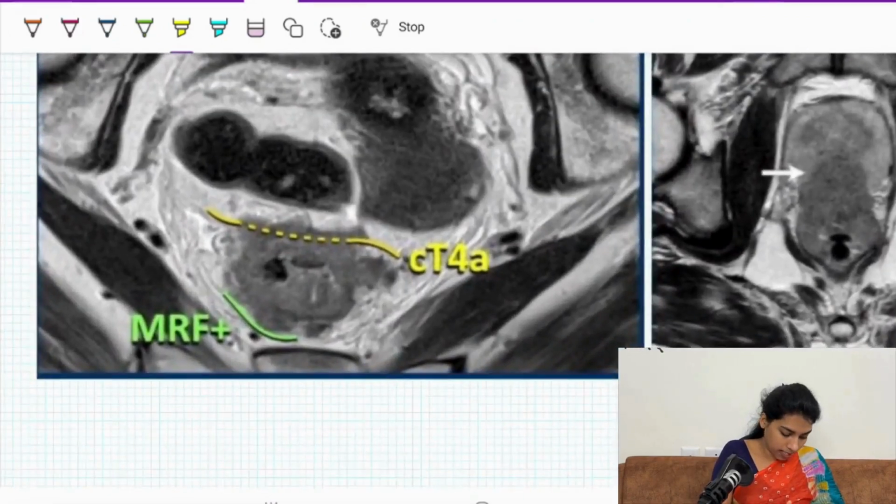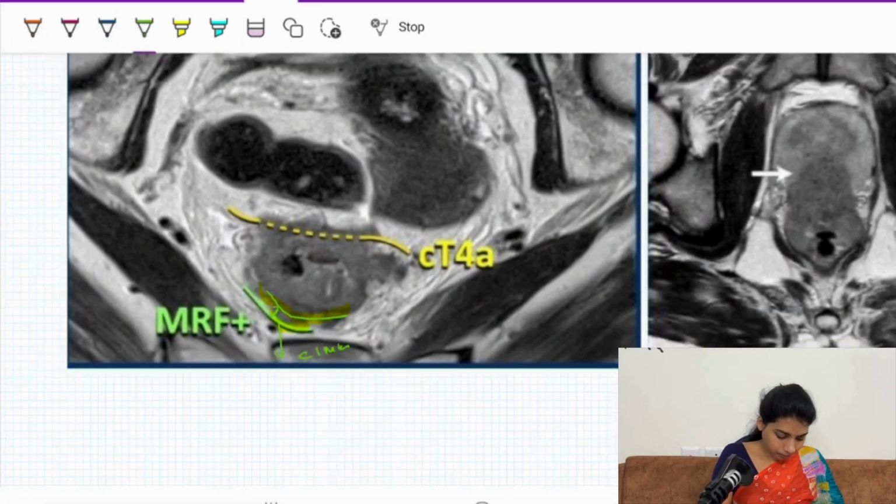So you can see in this example that this tumor is touching the mesorectal fascia and hence it is involved. However, if the tumor was going something like this and the distance was less than 1 mm, even then you would call it involved. Okay? If this distance was less than 1 mm, we will call it involved.